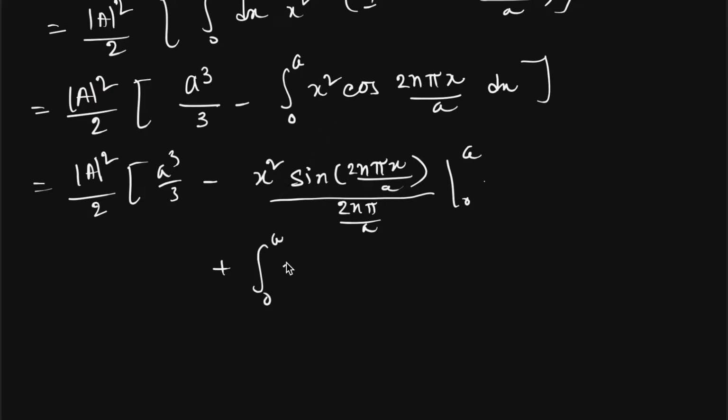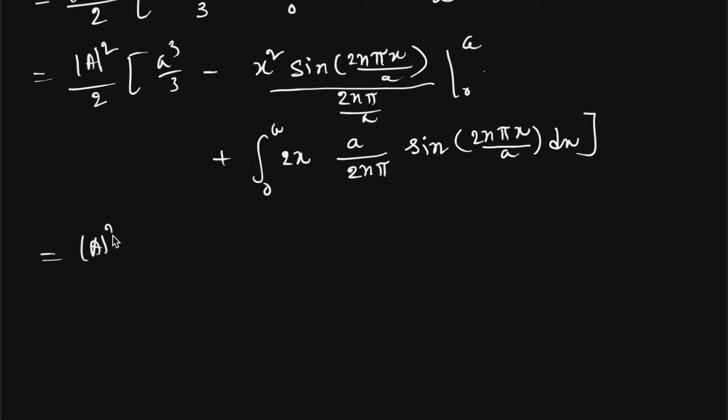Differentiation of this will give 2x, integration of this will give a by 2nπ sine (2nπx/a) dx.